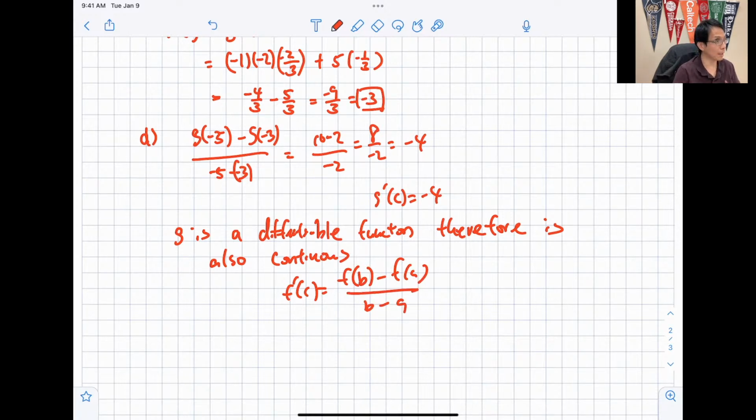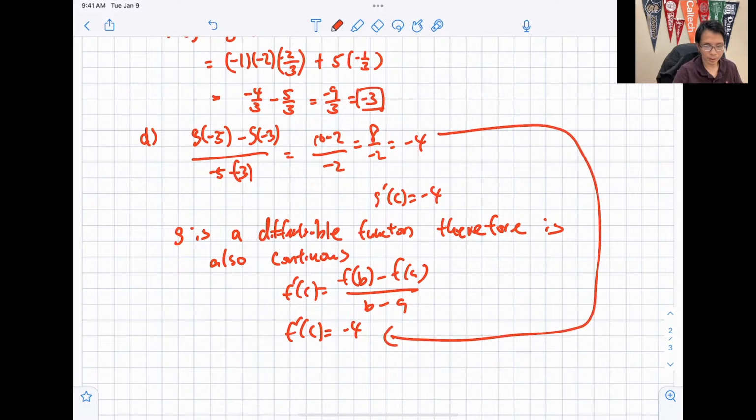As long as the c is not in the endpoint, then f prime of c is equal to -4 according to the calculation. So MVT proof, sorry, this is g prime of c is equal to -4 because we already did the calculation, and also the condition is also there. Differentiable and continuous. Does that make sense? Okay. So that's how you answer this part.